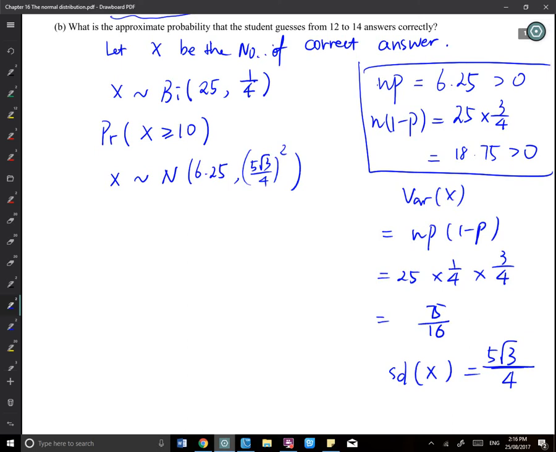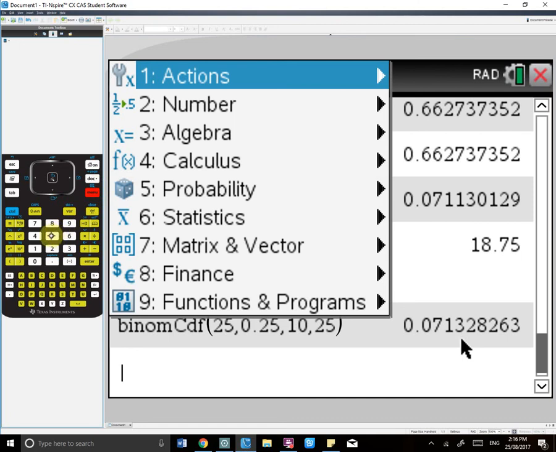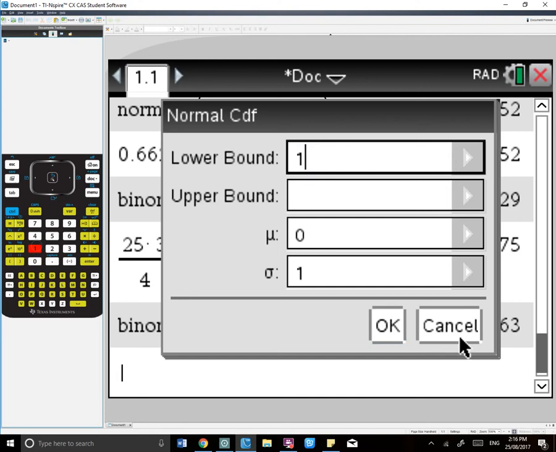So I'll use the original mean and original standard deviation as my normal mean and normal standard deviation. What I want here is the probability X is greater than or equal to 10. For a normal distribution, menu 5 5 2. The lower bound is 10, and the upper bound is infinity because it becomes a normal distribution, there's no boundary anymore, not 25.